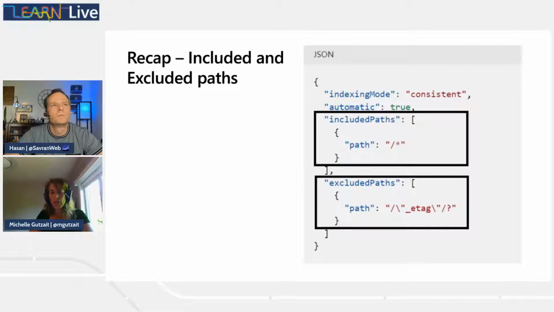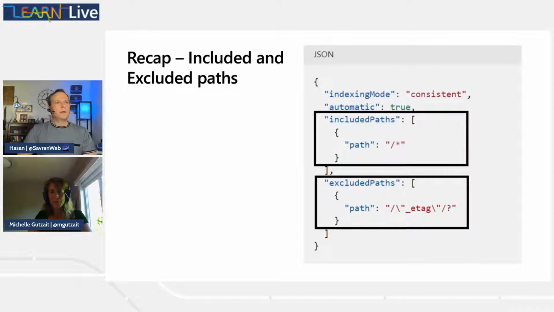So let's say that you can say, okay, I would like to index everything excluding this specific path. So it's going to make sure that the excluded paths are excluded from that particular path that is included.